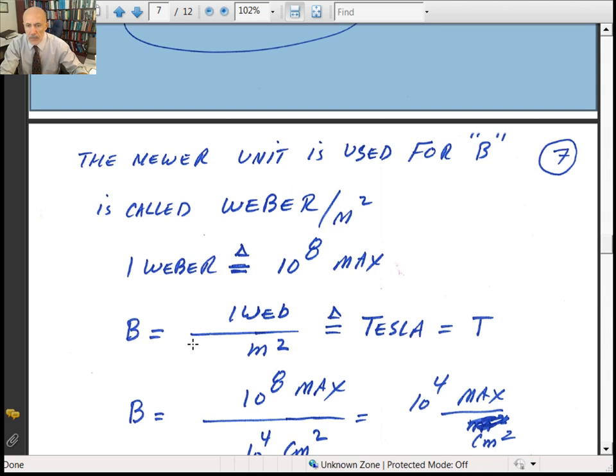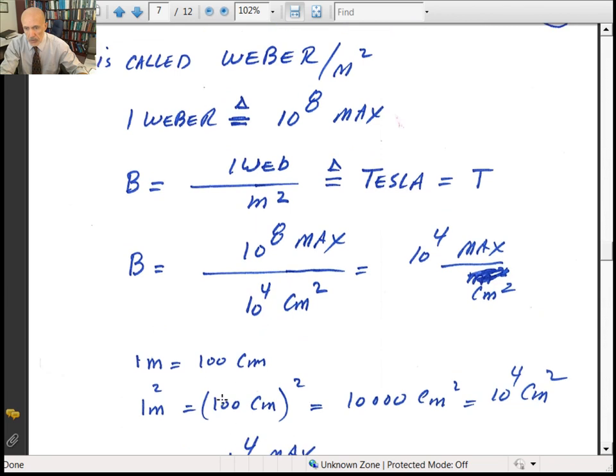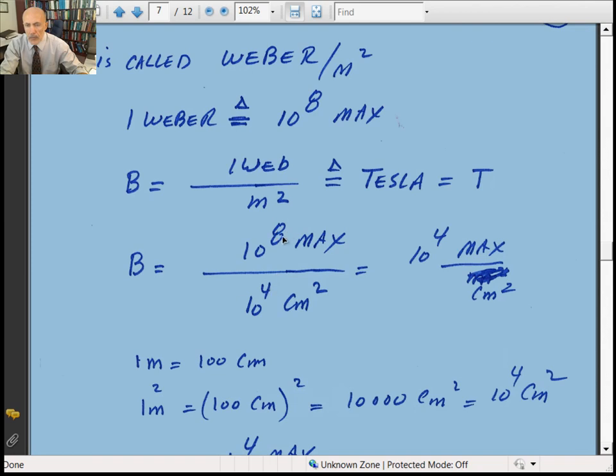So if I calculate Tesla, 1 Weber is 10 to the 8 Maxwells. 1 meter square is 10 to the 4 square centimeters, because 1 meter is 100 centimeters. If you square both sides, you get 100 squared, which is 10,000, which is 10 to the 4. Now, 8 and 4 will simplify. That gives you 10 to the 4 Maxwells per square centimeter, and by definition that was Gauss.